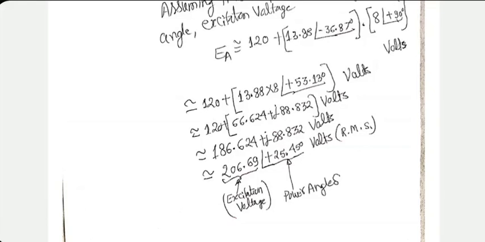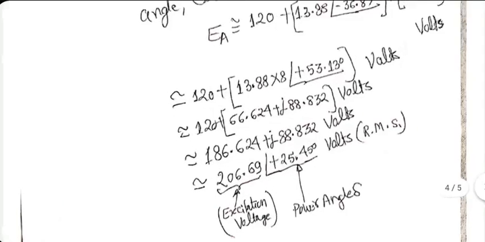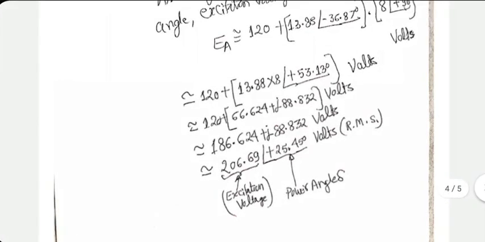Double check my calculations. I can convert it back into polar form again. I get 206.69 volts with a phase angle of 25.45 degrees. So torque angle, or let's say power angle for now, power angle is actually 25.45 degrees.